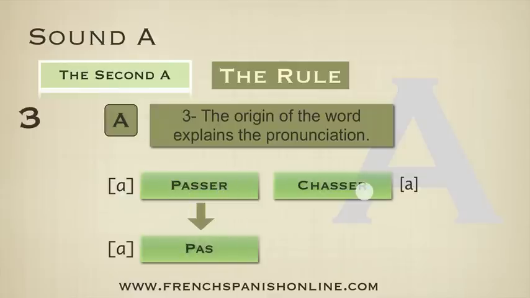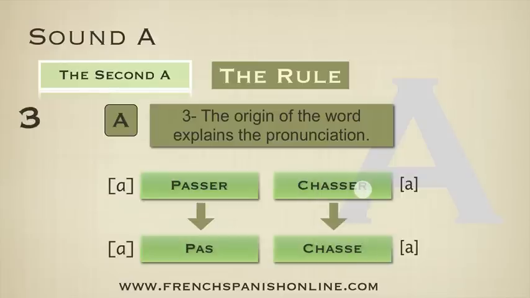The same thing for chasser. Chasser comes from chasse, hunting, with this A, because it's not isolated at the end of the word. So we keep the same pronunciation for the verb and we say chasser. It may be a reason.